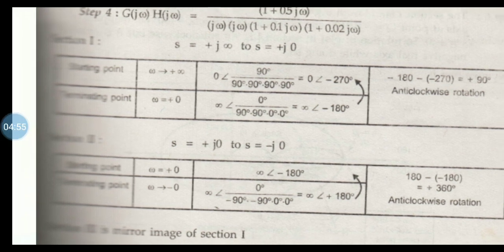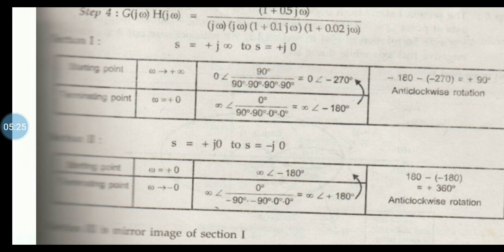Then the second section is s equal to plus j0 to s equal to minus j0. The starting point will take omega as plus 0, which means magnitude will come infinity. Angle will be minus 180 degrees. Why? Because 0 divided by 90 and 90 gives minus 180 degrees. Is it clear?